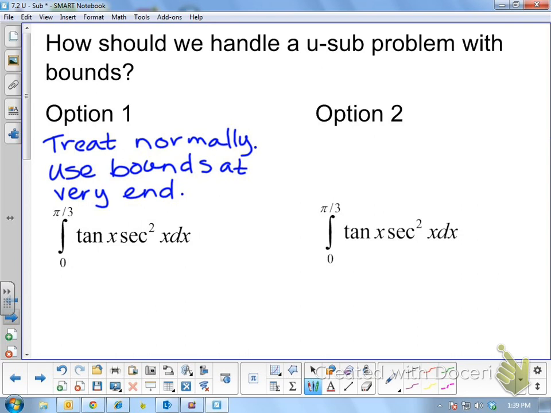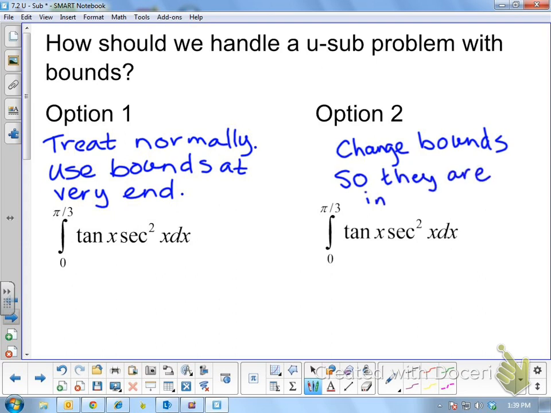Option two is to change the bounds, so they are in terms of u. If we're in terms of u completely, we never need to go back to x's. If we do the first way, we need to go back to x's and then plug in our bounds.